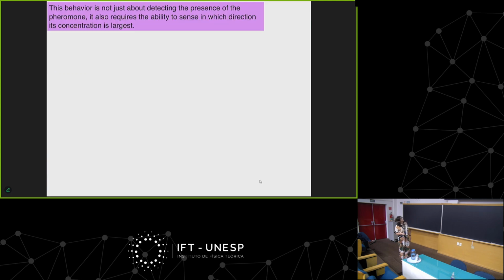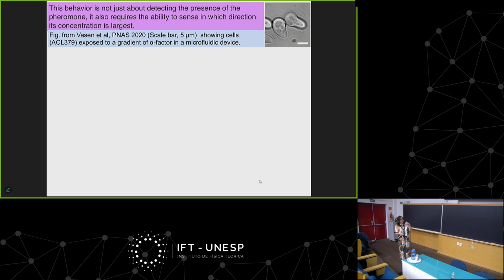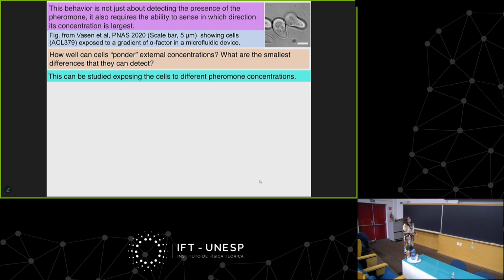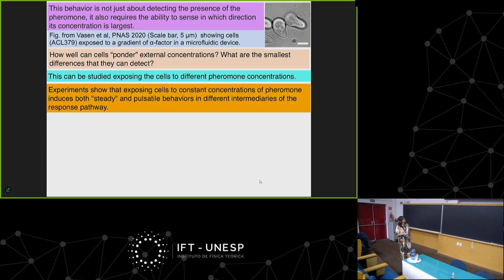Anyway, in this case, you need to sense where the pheromone is larger. So you need to be able to distinguish different levels, different concentrations of pheromone. And one of the questions that we ask is how well they can detect these changes in pheromone concentration. What are the smallest values that can be detected? And so you can subject the cells to different concentrations of pheromone and see what happens.